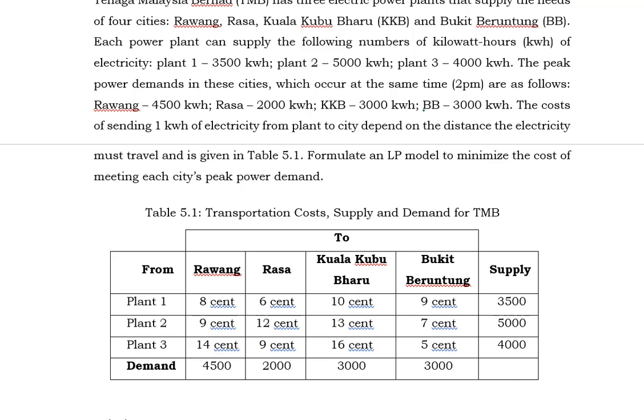KKB and Bukit Beruntung demand 3,000 kilowatt hours of electricity respectively. The cost of sending 1 kilowatt hour of electricity from plant to city depends on the distance the electricity must travel and is given in Table 5.1. Formulate an LP model to minimize the cost of meeting each city's peak power demand.